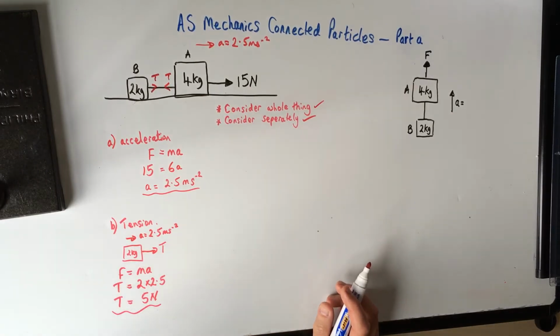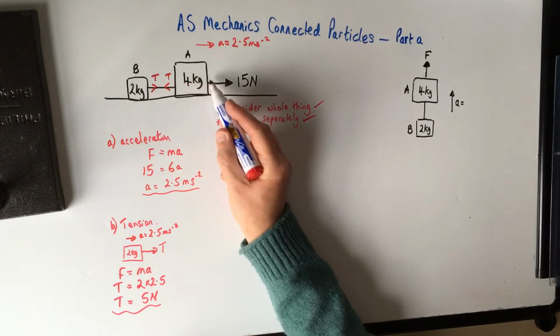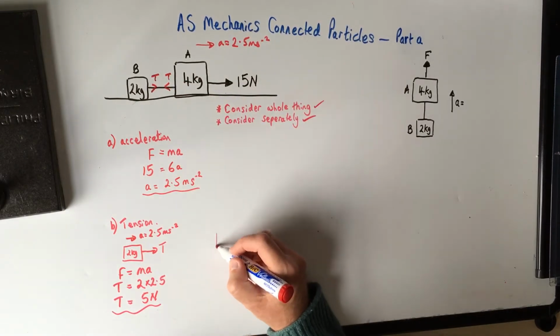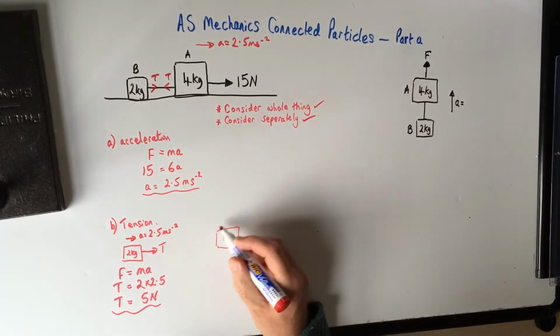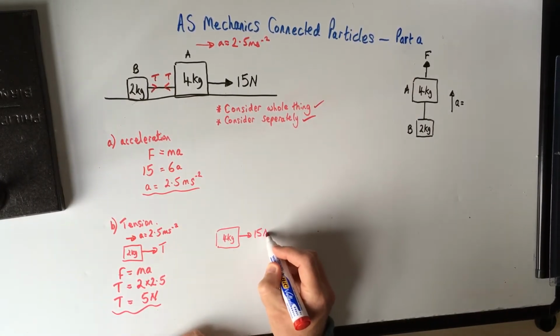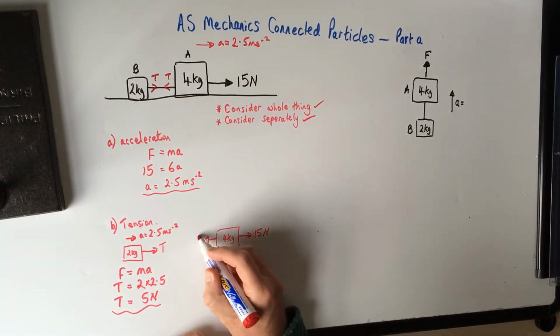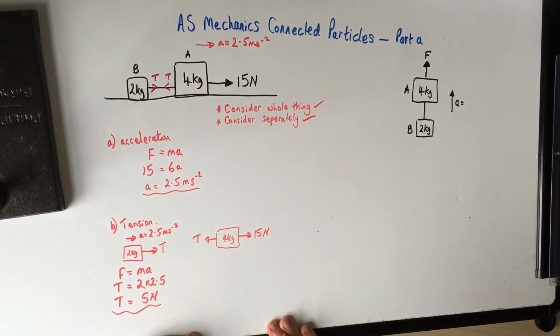Okay, let's find the tension again, but let's consider just the 4 kilogram block. Now, acting on that, what have we got? We've got 15 newtons acting that way, and we've got the tension acting that way. So those are the two forces acting on that block.